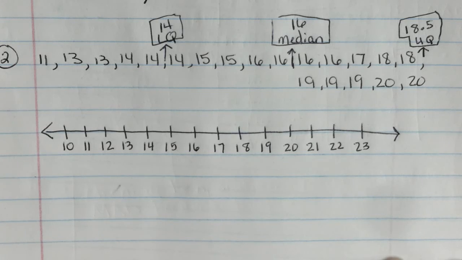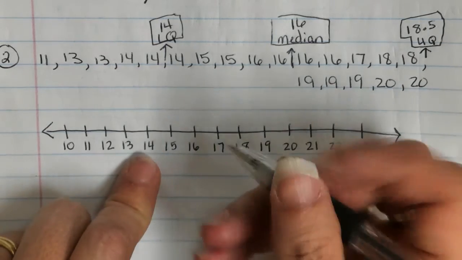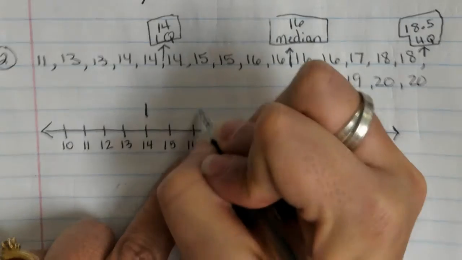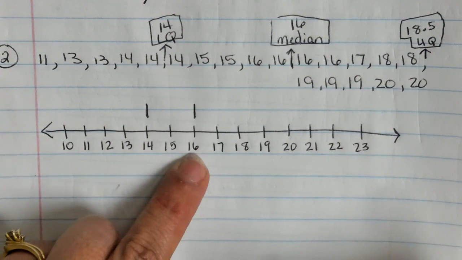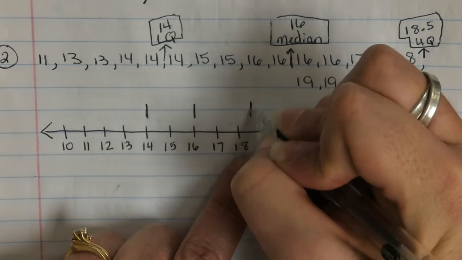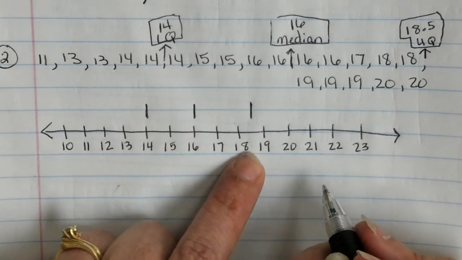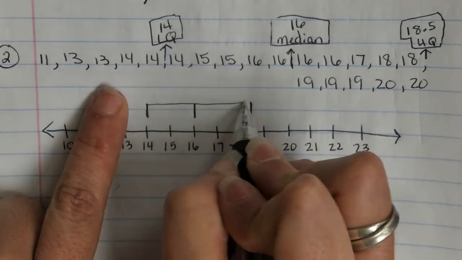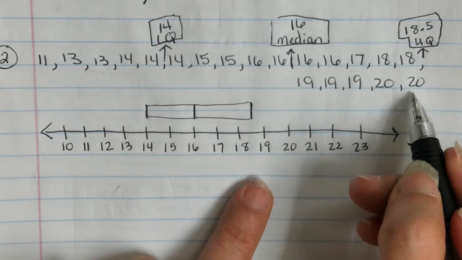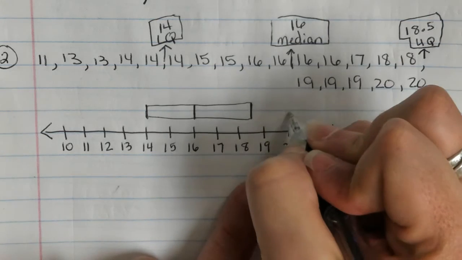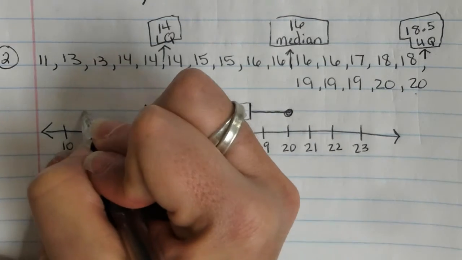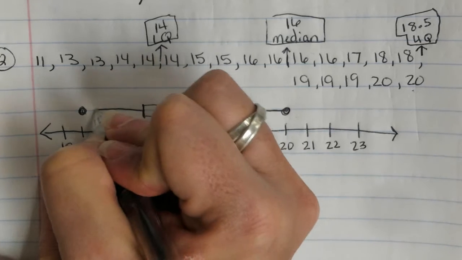My 3 little dash lines would go at 14 for the LQ, 16 for the median, and 18.5 in the middle of the 18 and 19. That's going to create my box. My 2 whiskers are going to shoot down to a 20, because 20 is my highest number, and down to an 11, because that is my lowest number.